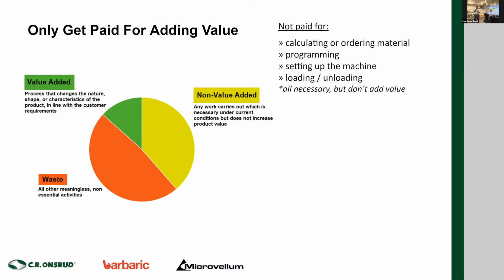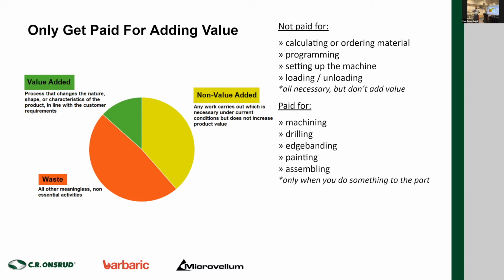They are necessary, but you don't get paid for them. For example, calculating how much material you need, ordering the material, you don't get paid for that. You don't get paid for programming or setting up the machine, or even loading and unloading the material. You don't get paid for any of that. You have to do it, but you don't get paid for it.